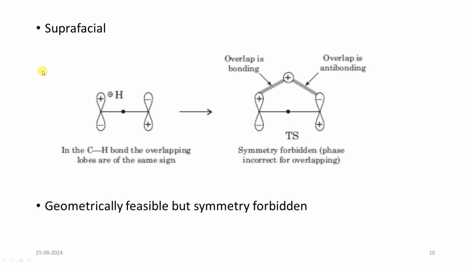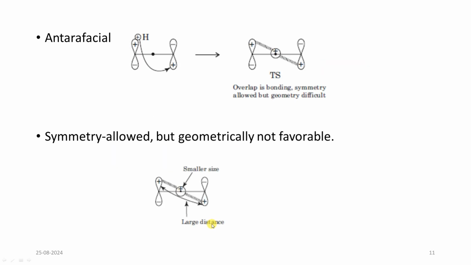So this reaction is not taking place. Therefore, we can conclude that the suprafacial migration is thermally forbidden, although it is geometrically feasible, because it is symmetry forbidden.